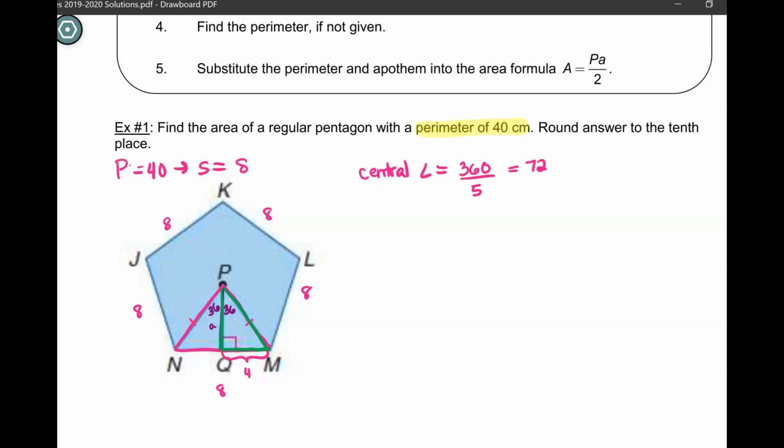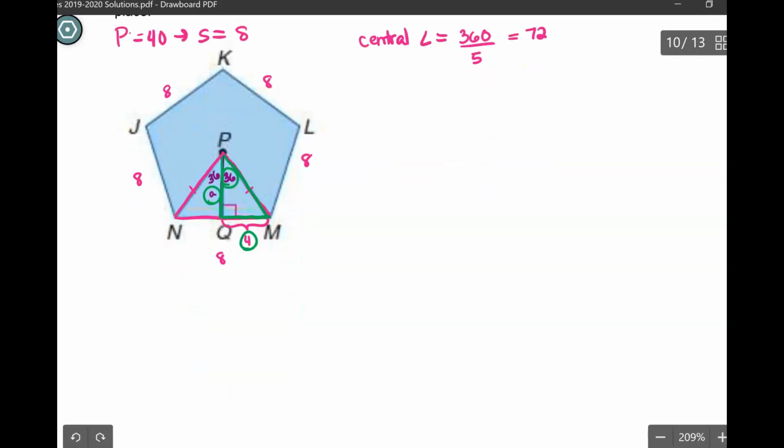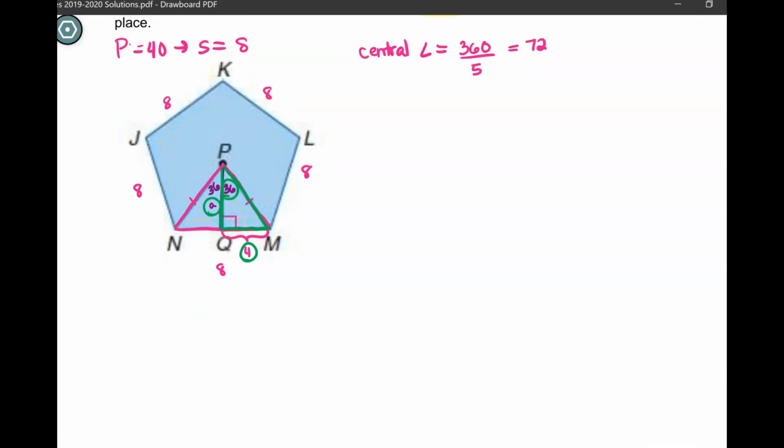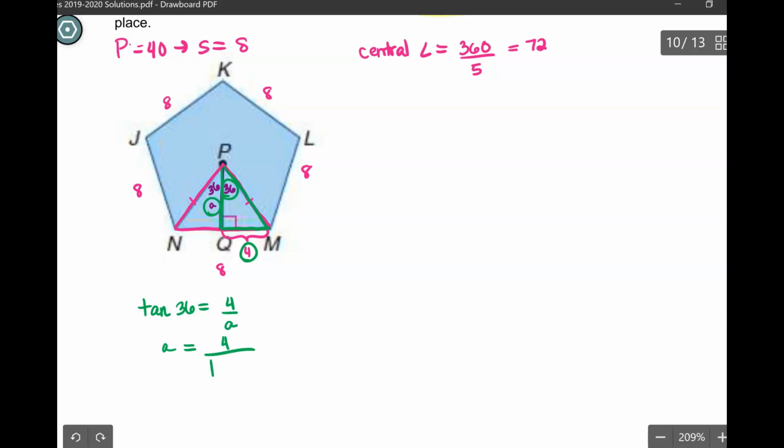If I look at where the 36 degrees is, if I look at the 4, and I look at A, I have enough information. I'm going to use SOHCAHTOA. In relation to 36, the opposite side is 4 and the adjacent side is A. Opposite and adjacent is tangent. So tangent of 36 equals 4 over A. That means A is equal to 4 over tangent of 36.